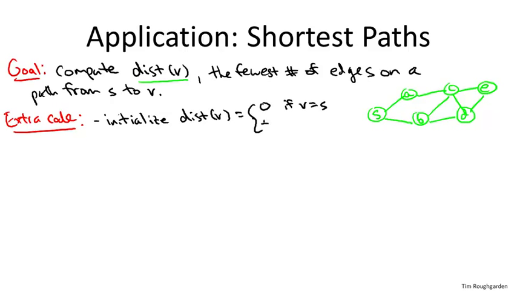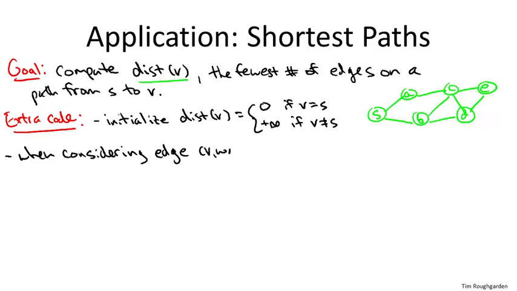And the only other extra code you have to add is when you take a vertex off of the front of the queue and then you iterate through its edges and you're considering one of those edges VW, so here V would be the vertex that you just removed from the front of the queue. And as usual, if the other end of the edge W has already been dealt with, then you just throw it out. That would be redundant work to look at it again.